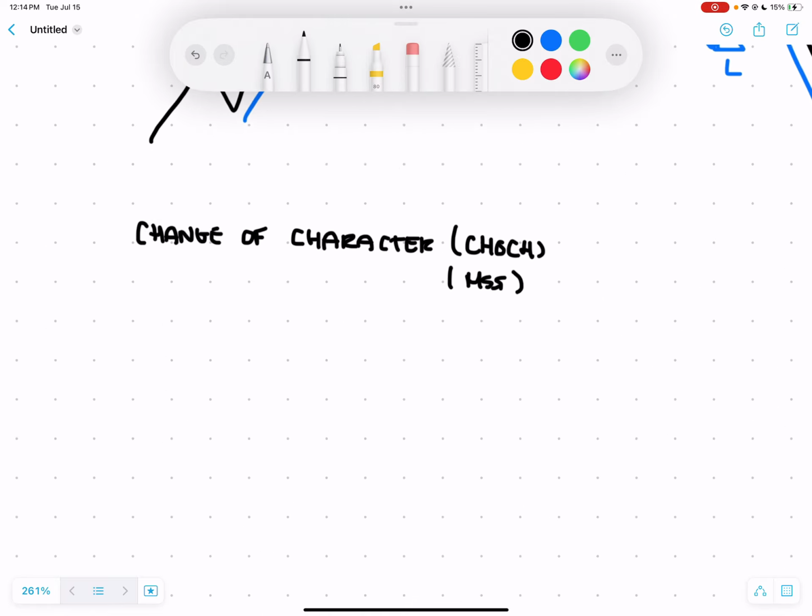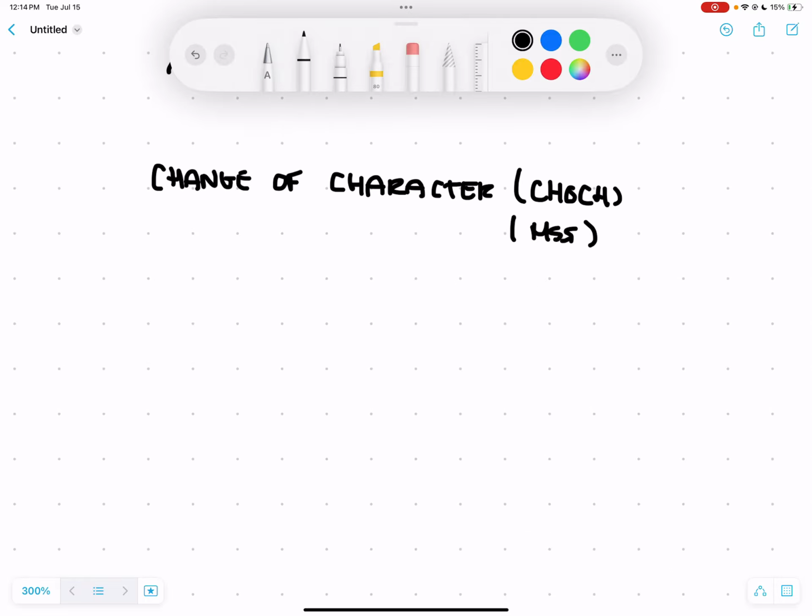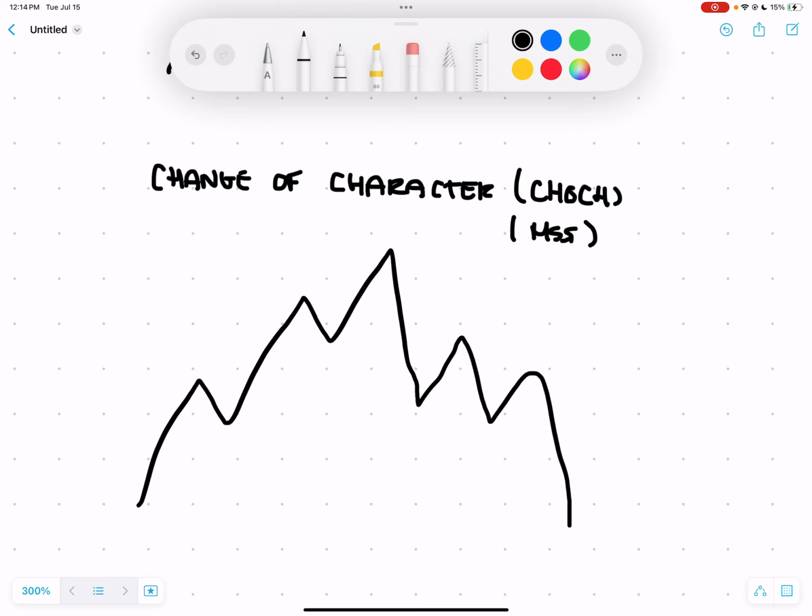Now, what is a change of character? Let's say we're having an uptrend, and then we end up going down. So you would have, like I said here, your break of structure, because we created highs, and each high is being broken by another high.